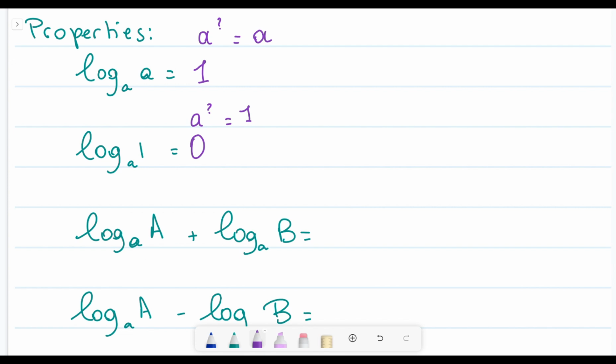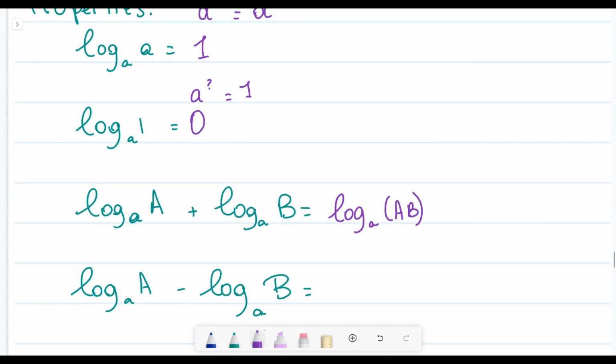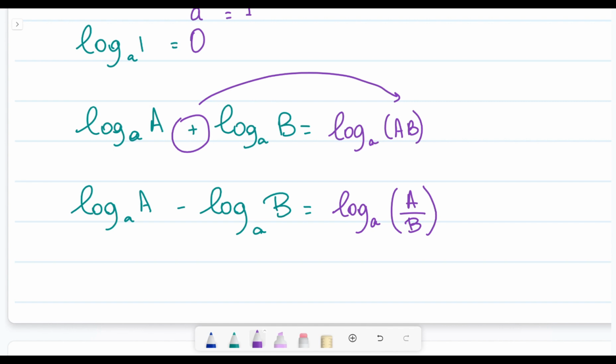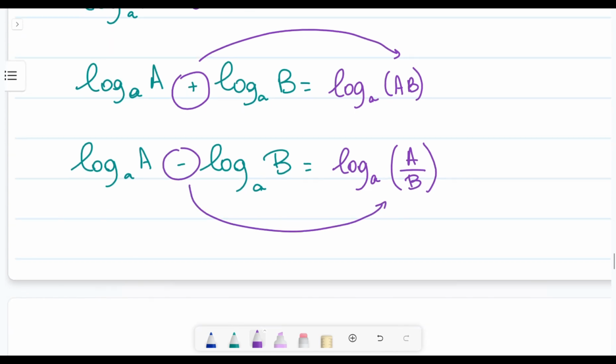Log base a of big A plus log base a of big B is log base a of A times B. Log base a of big A minus log base a of big B is log base a of A divided by B. So the addition becomes multiplication and the subtraction becomes division.